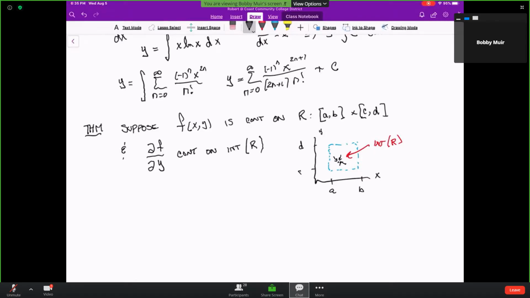Okay, now this notation, this is the partial derivative. It doesn't matter how many variables you have.